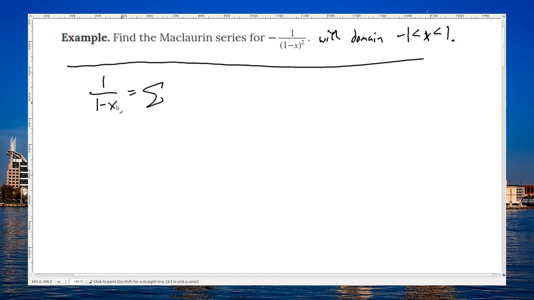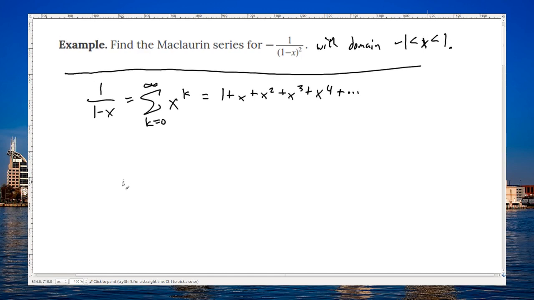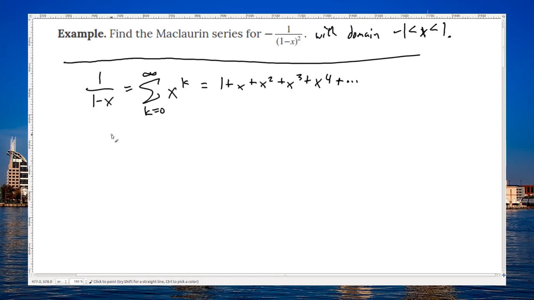I apologize for not having that as a part of the problem, because this Maclaurin series that we have for 1 over 1 minus x only works from -1 to 1, and it's simply the sum of x to the k: 1 plus x plus x squared plus x cubed plus x to the 4th, and so on and so forth. This works for values of x between -1 and +1, from the geometric series formula.